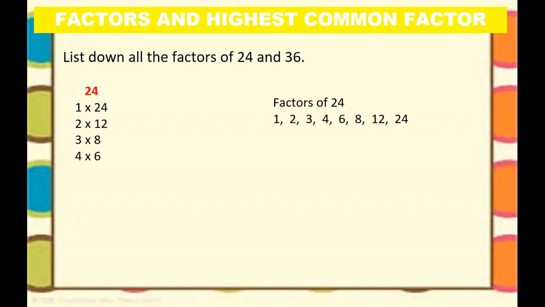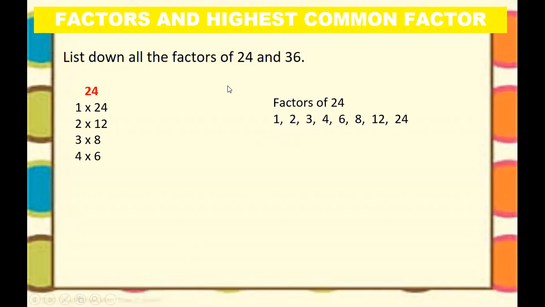So what are the factors of 24? Remember to list down from smallest to largest. We have 1, 2, 3, 4, 6, 8, 12, and 24.